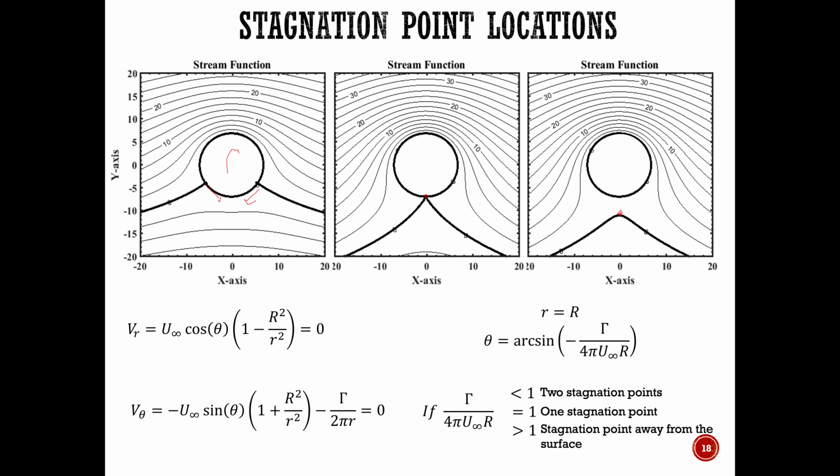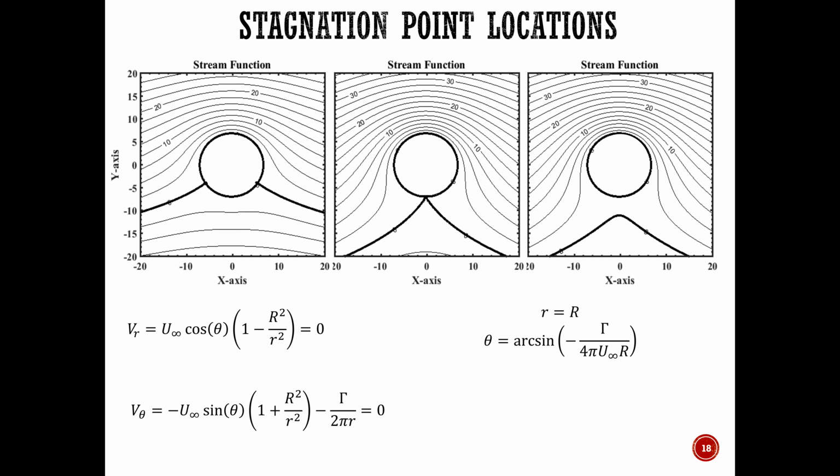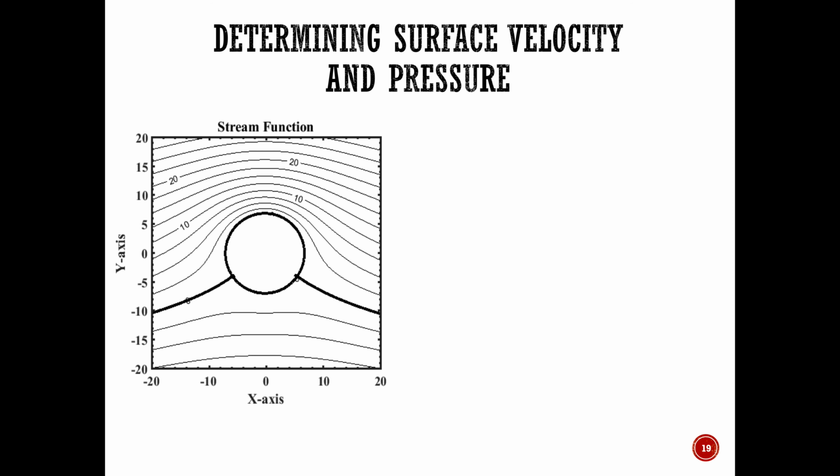So again, all of this can only be done if you were able to find the surface streamline and then the surface velocity and pressure, because in the end, what we really want is the capability to create flow over objects using elementary flows, and also be able to predict the lift and drag.